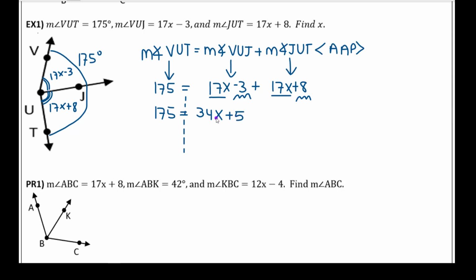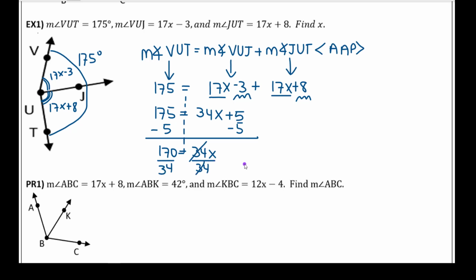Now that I have that, the next step in solving an equation is to cancel the numbers. The only thing that I can cancel here is the 5, or the numbers without letters. So I'm going to go ahead and cancel the 5. And that will give me 170 equals 34x. And then we're going to divide both sides by 34.